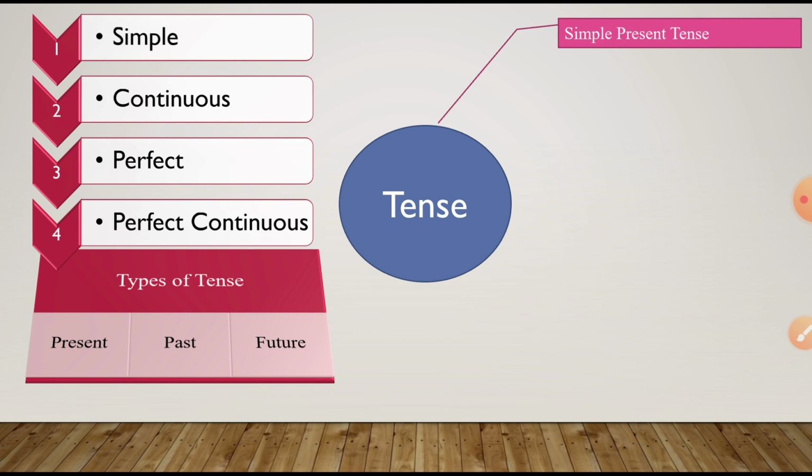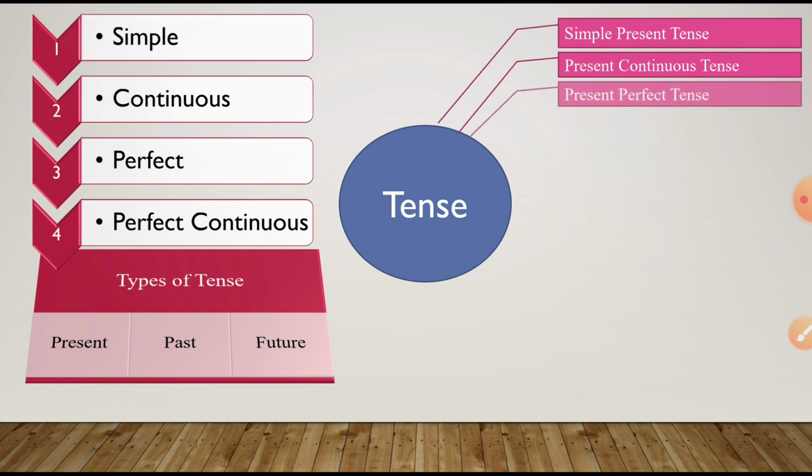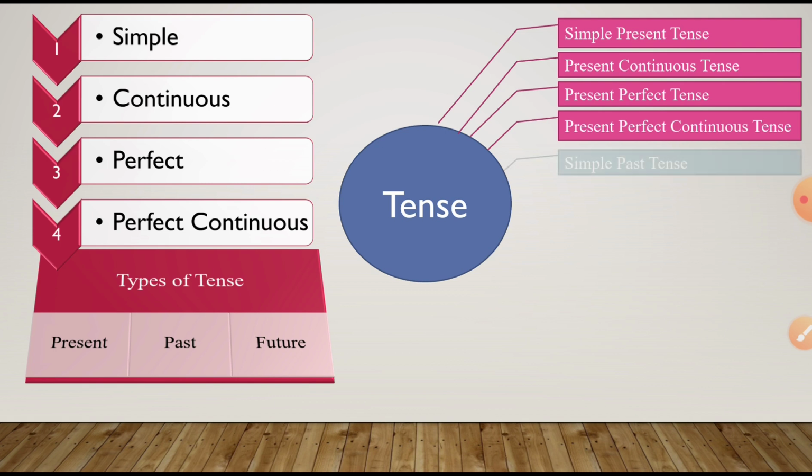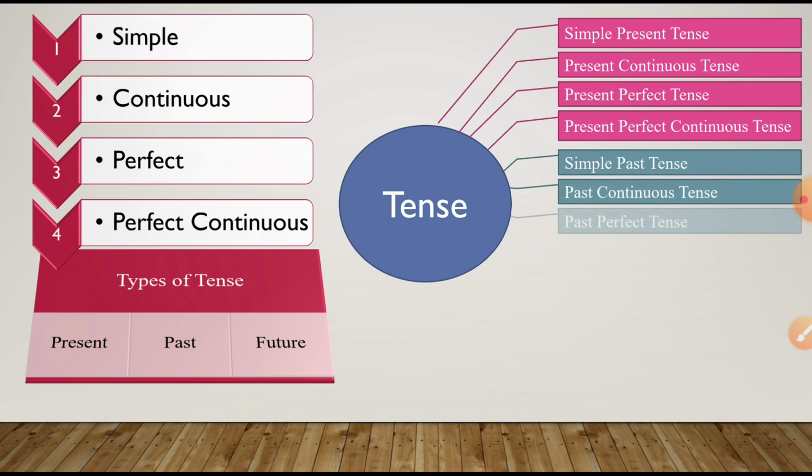And the first one is simple present tense. Second is present continuous tense. Third is present perfect tense. Fourth is present perfect continuous tense. So these are the 4 kinds of present tense. Now look at the 4 kinds of past tense: simple past tense, past continuous tense, past perfect tense and past perfect continuous tense.